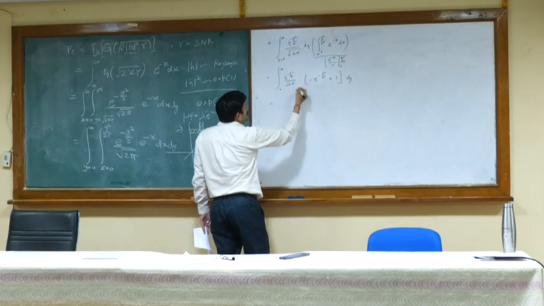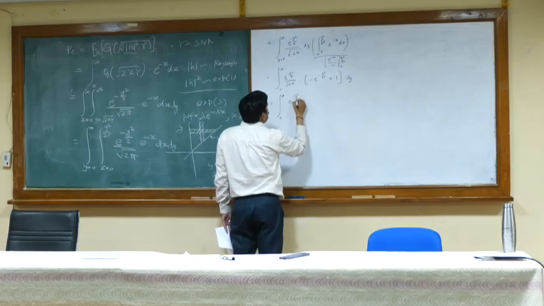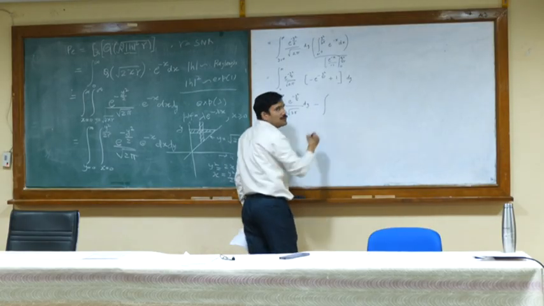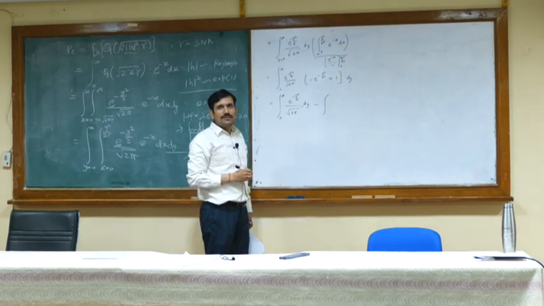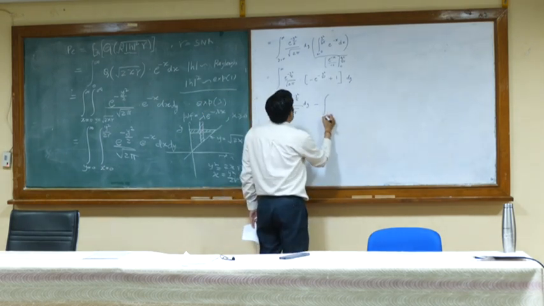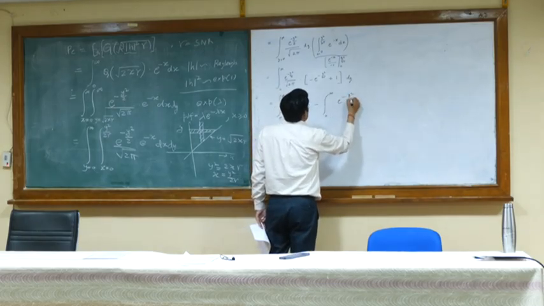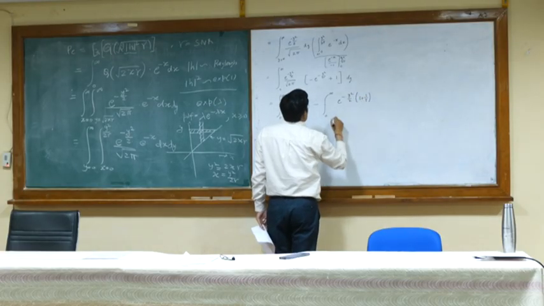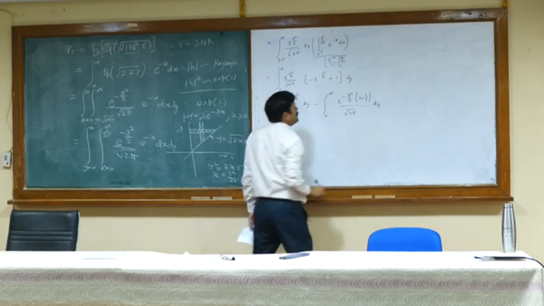Now we can divide this into two parts: 0 to infinity e to the power minus y square divided by 2, over square root of 2 pi, dy, minus 0 to infinity e to the power minus y square divided by 2 times (1 plus 1 over gamma), divided by square root of 2 pi, dy.